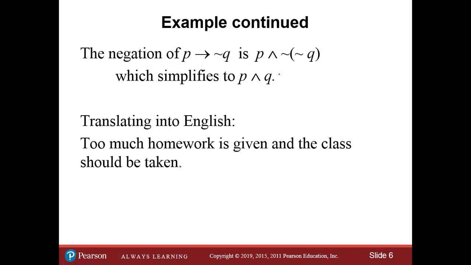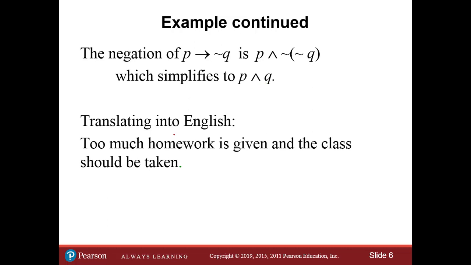Well, the negation of this is going to be when P is true and Q is false, so we take the opposite value of Q. So the negation of this implication is P and not Q in this case.